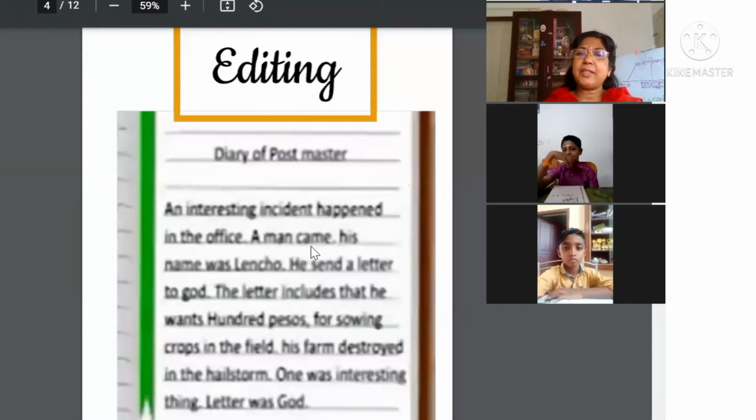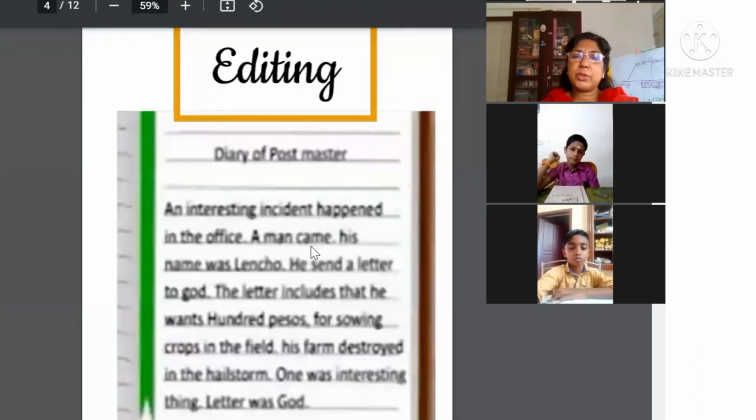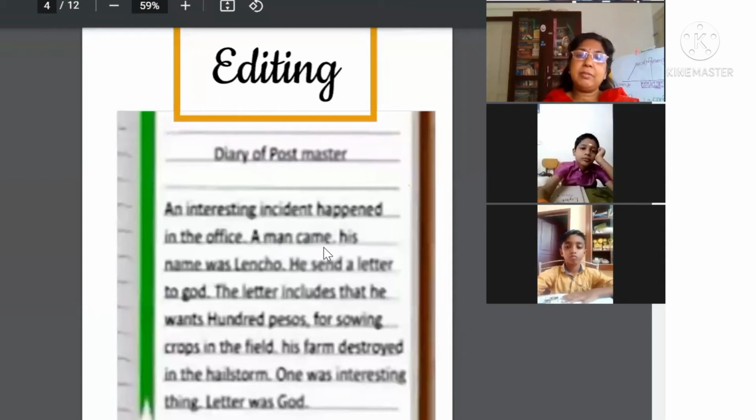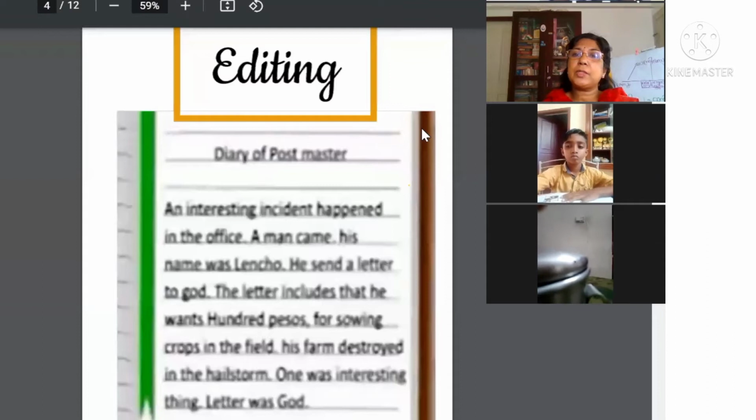Is this a complete sentence? Something should be added to this sentence. No. A man came to the post office.